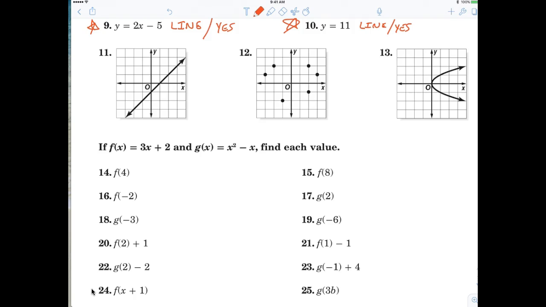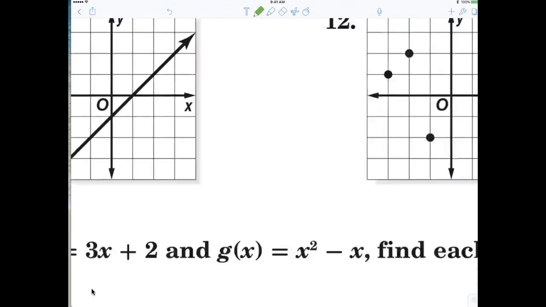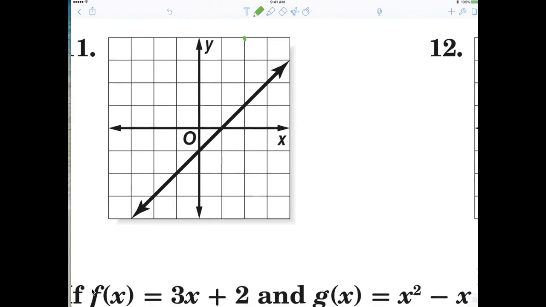We say if you have a graph, if you draw vertical lines, and the vertical lines cross in one spot, then it's a function. Let me give you an example. So 11, look right here. I'm going to draw the vertical lines, and you see if you understand what I'm saying. So here's a vertical line.